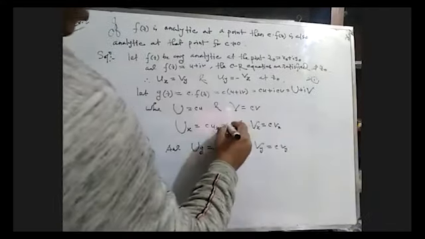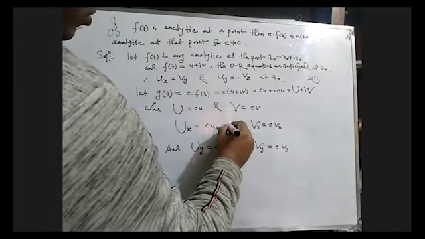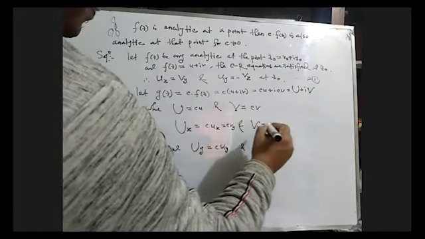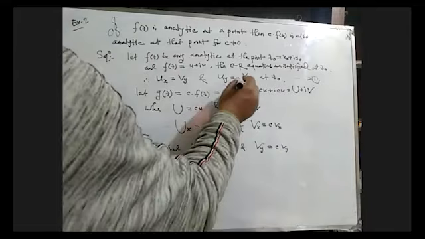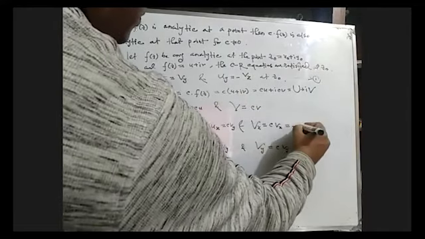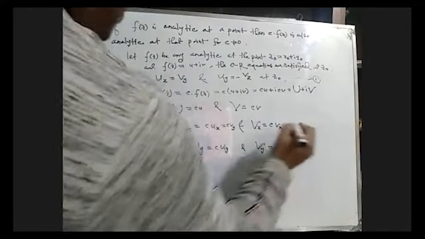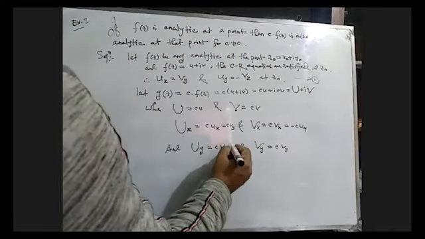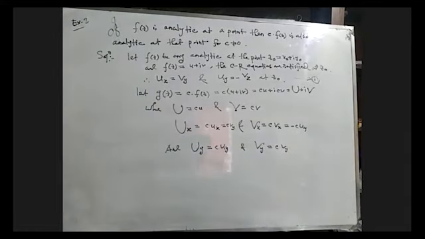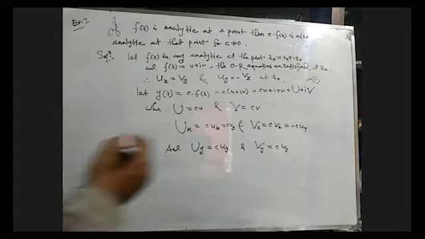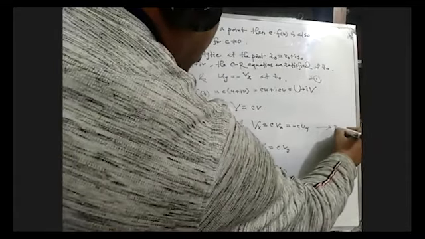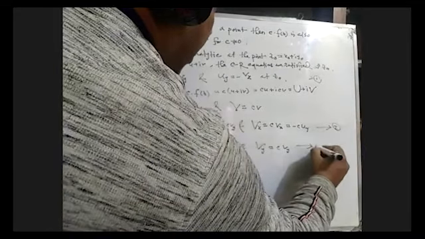From equation 1, we can write c into by, and bx equals to minus cuy. This is equation number 2, and this is equation number 3.